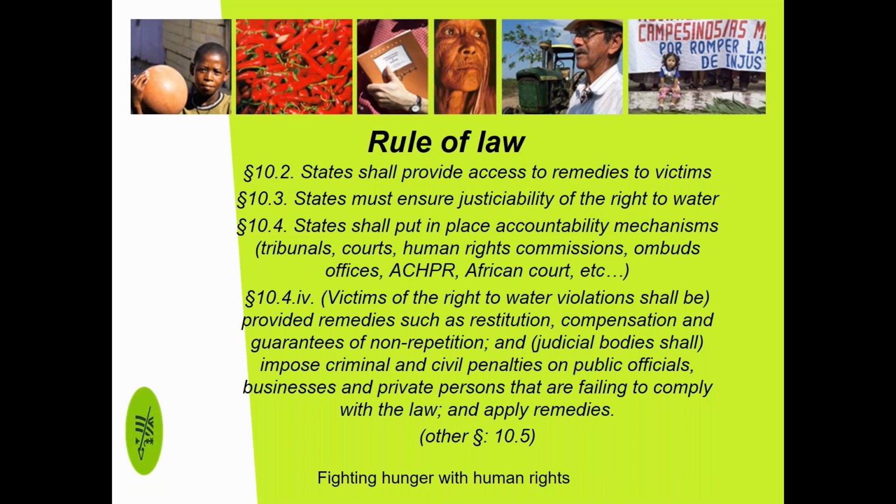This is another aspect of how you can access these regional bodies. But what does it mean in these guidelines? States should put in place all those mechanisms to ensure the rule of law, where people can access tribunals and courts and seek remedies when they are victims of violations of the right to water.